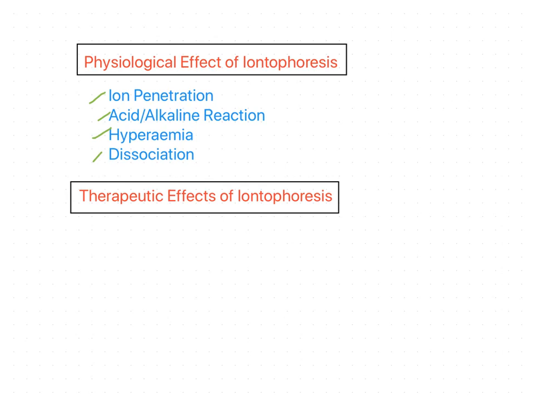If you see the acid-alkaline reactions, these are the reactions which take place at the anode and the cathode. The anode produces an acid reaction, a weak HCl, whereas the cathode produces a strong alkaline reaction, sodium hydroxide, NaOH.